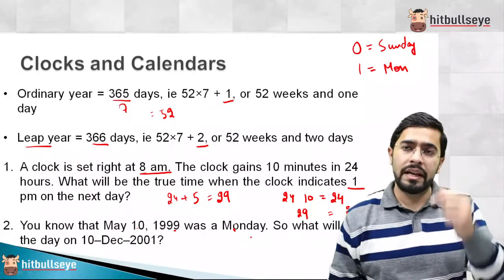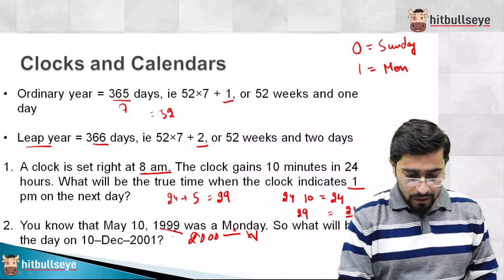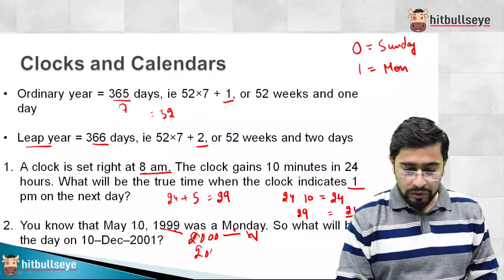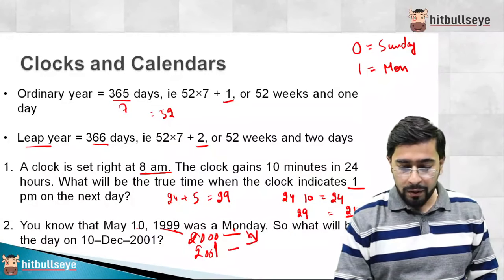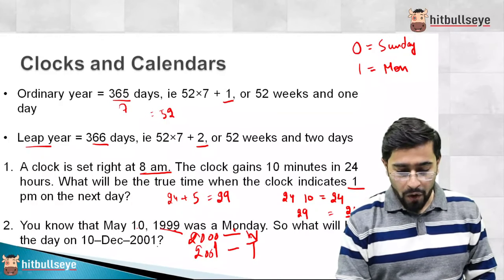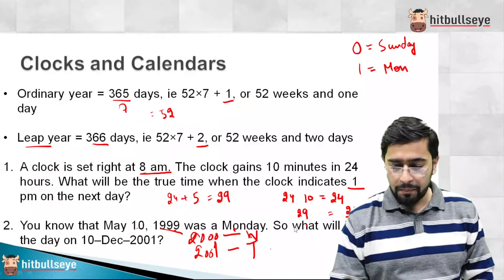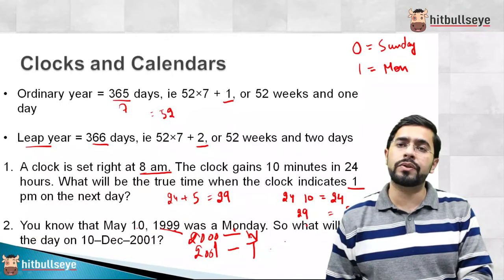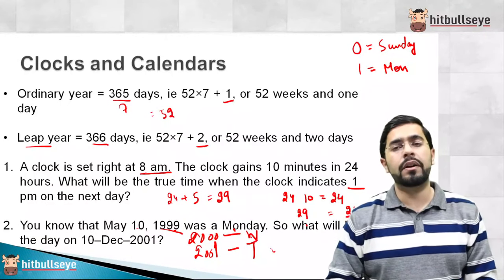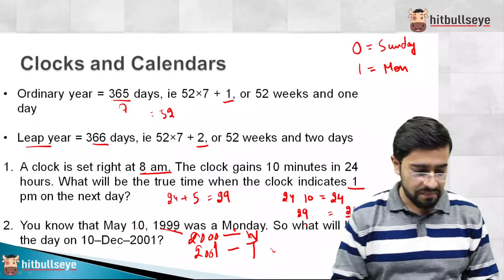And for 2001, it would be Thursday. Now we will calculate the number of days between May 10, 2001 to 10th of December 2001, and that is how we will arrive at this answer.